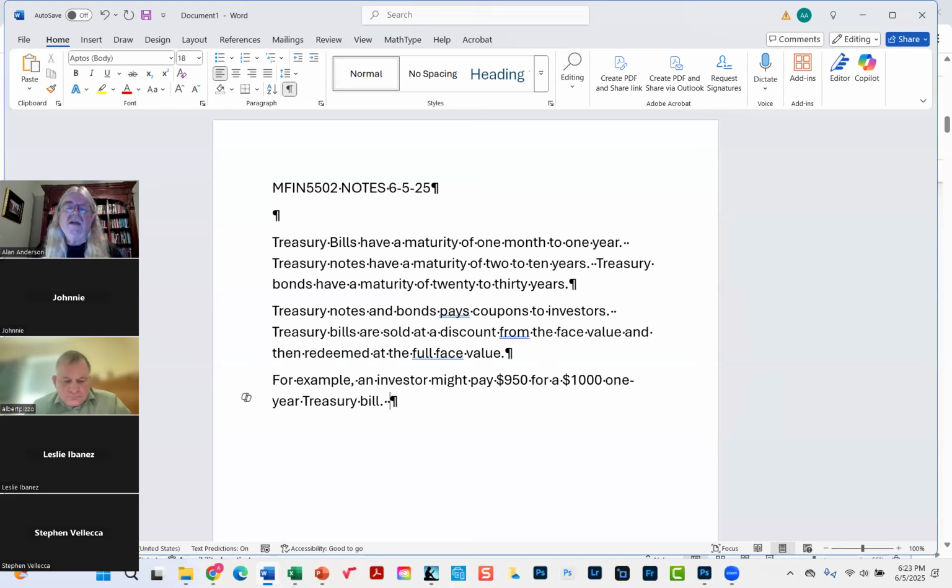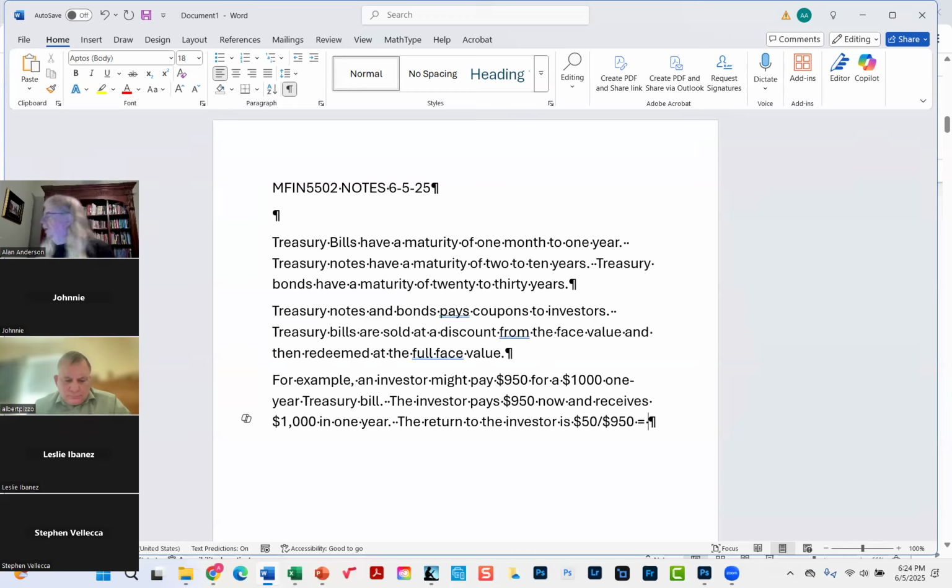And that means that they'll pay $950 now and receive $1,000 in 1 year. Not bad. I mean, well, that's kind of high by today's standards, but the return to the investor is 50 over 950. In other words, the cash flow divided by the amount you paid for it. And so that works out to about 5.26%.